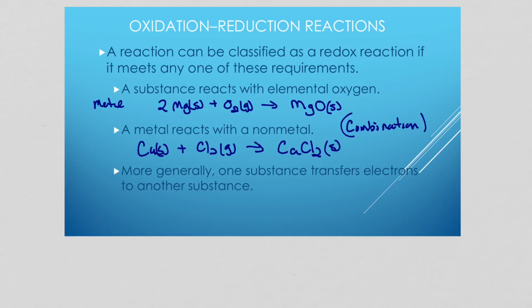Now, we could also more generally have a reaction where we can see that a material is losing or gaining electrons. Now, how can we see this? Let's look, for example, at this reaction.